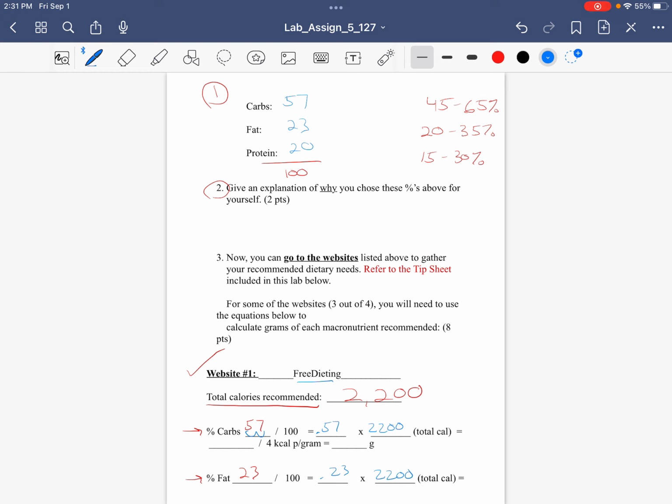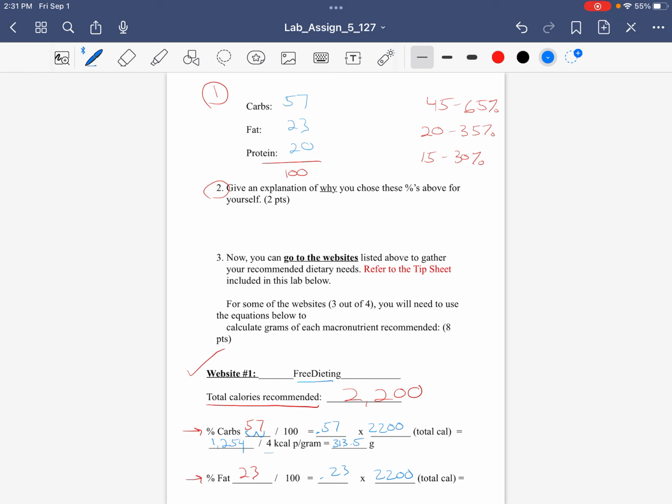So we just go from left to right. So 0.57 times 2,200, and that's going to give me 1,254. But I'm not done yet. I'm going to take that number and divide by 4. Then I get 313.5 grams of carbohydrate. Makes sense.